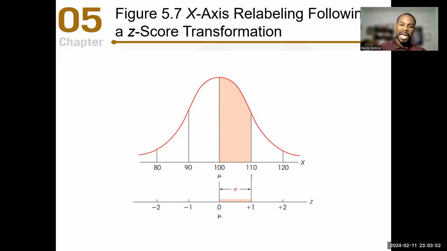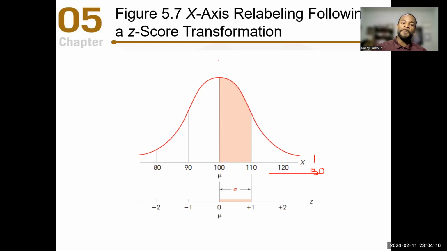In this particular example, one standard deviation above the mean is 110. Two standard deviations above the mean would be 120. Three standard deviations above the mean would be 130, because each standard deviation is just 10.